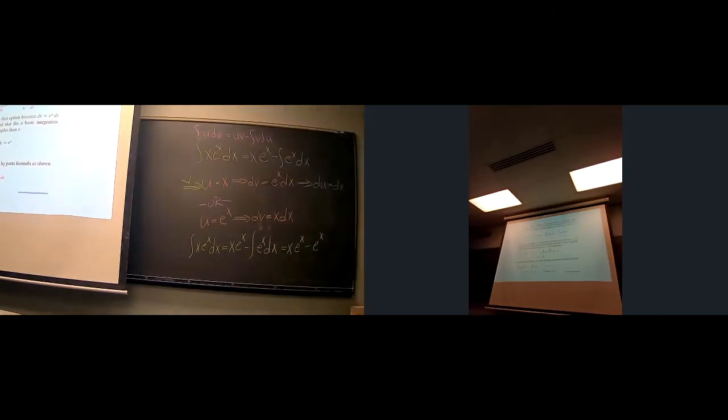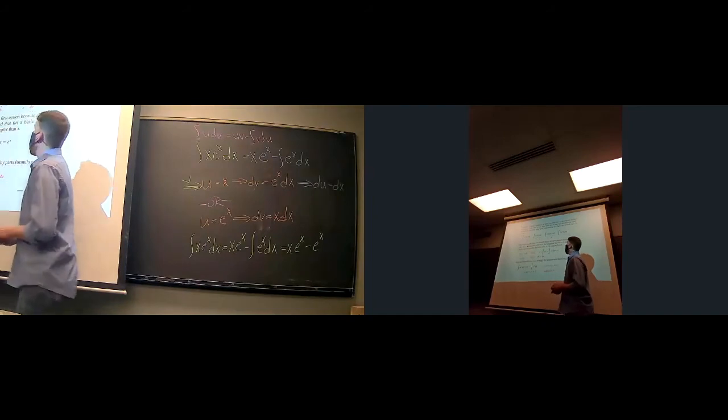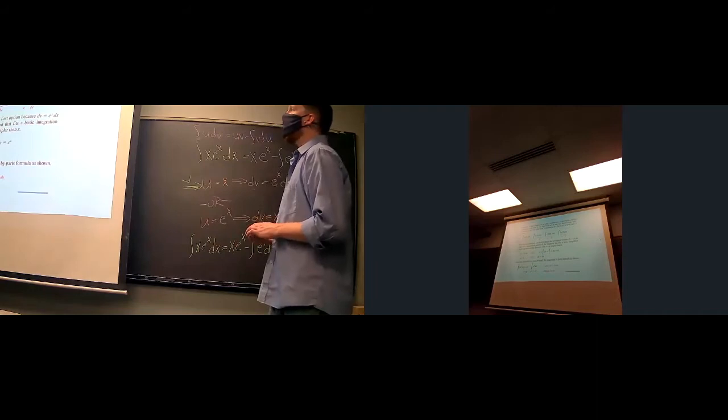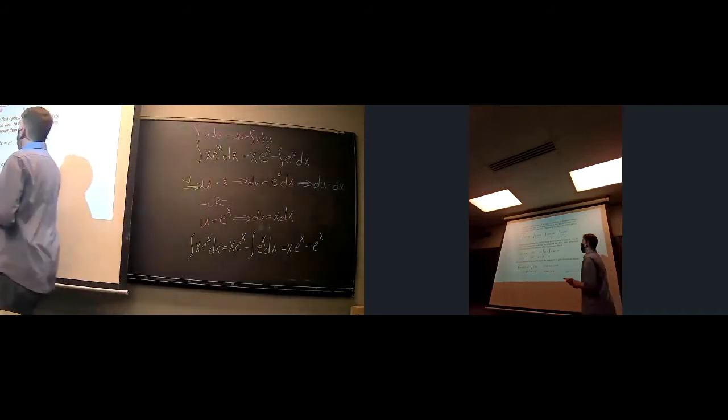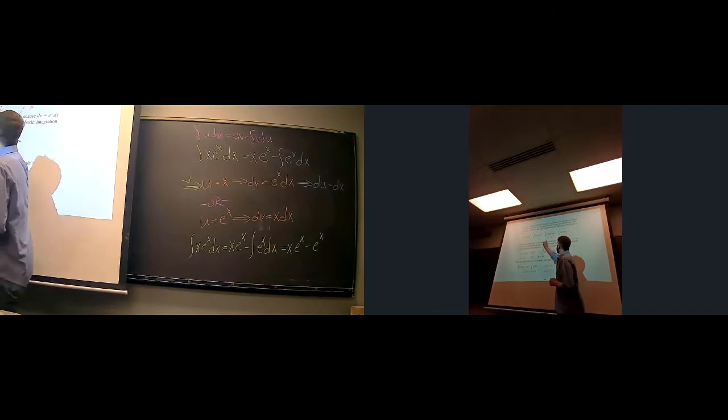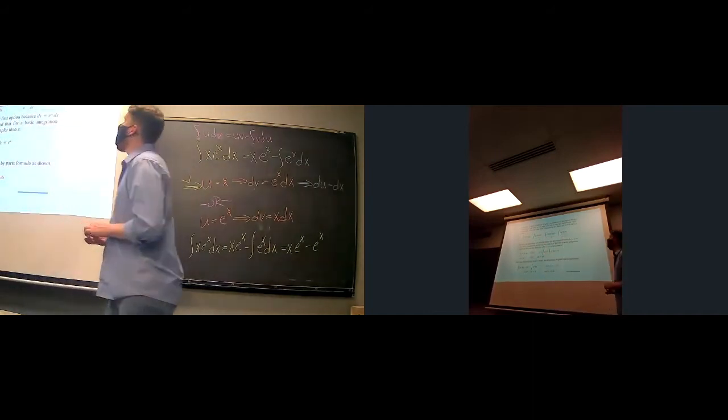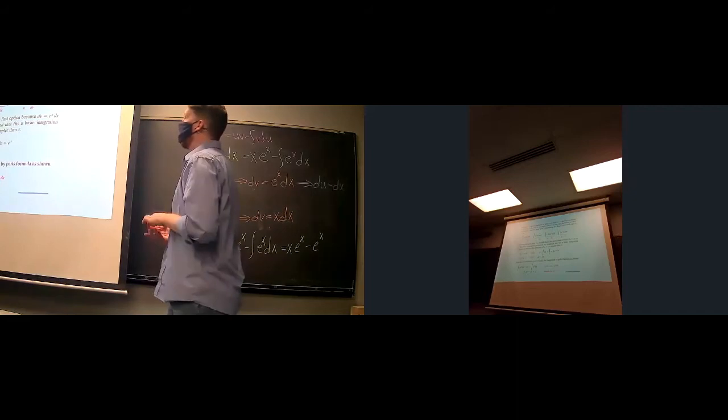Checking our work really quick. They set up all the different possibilities here. They say if u is x, then dv is e^x dx. If u is e^x, then dv is x dx. Then we can consider the possibility that one is u, and dv is x e^x.